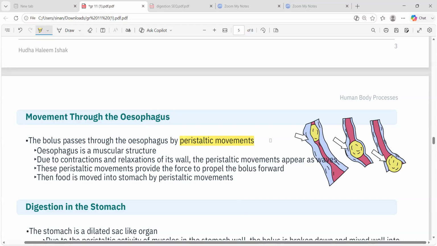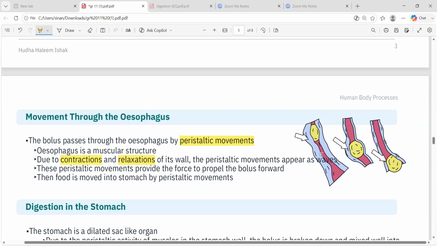See here, this food particle will have an alternating movement. It will have alternating constriction and relaxation. It will be contracted and then relaxed. See here, when this part is contracted, the food will move here. This is like the thing you can do with a long balloon.